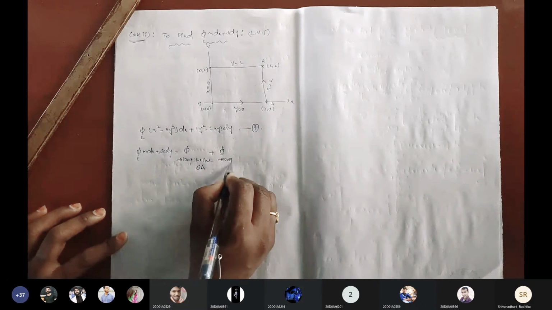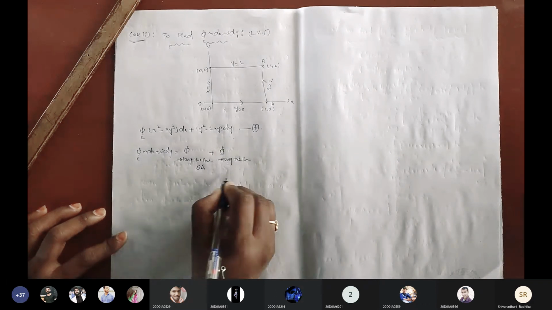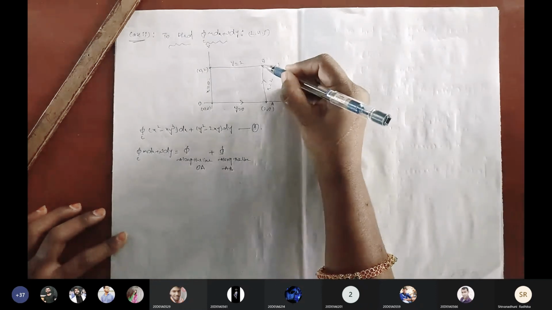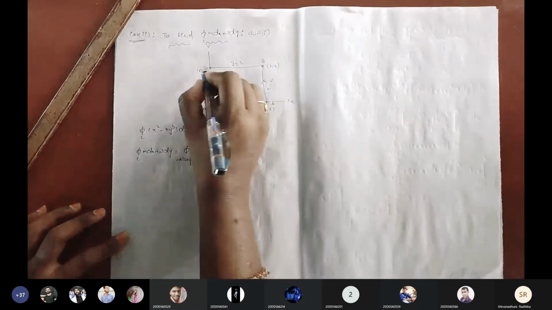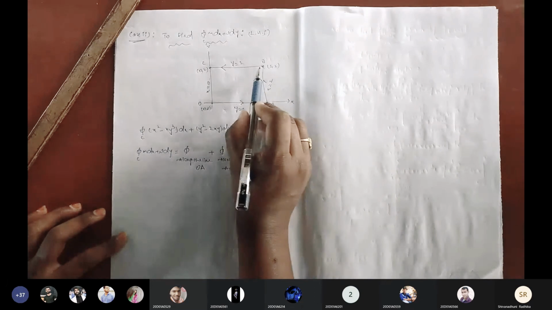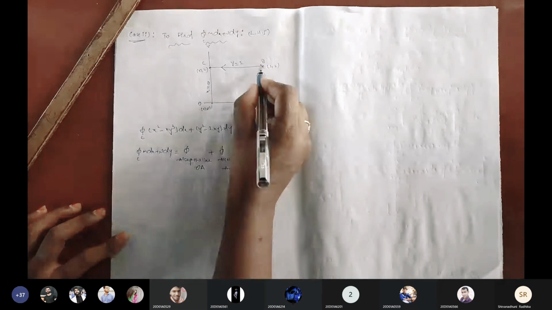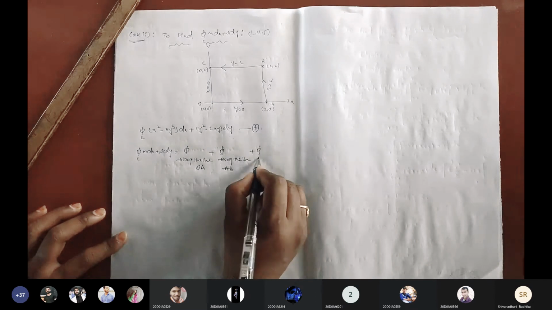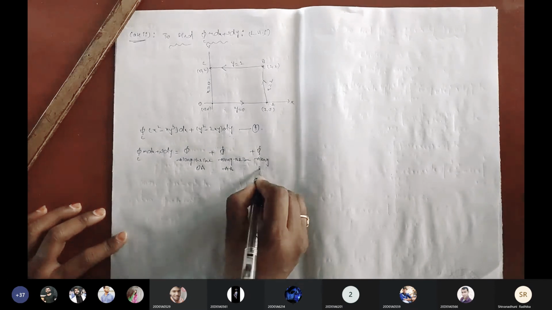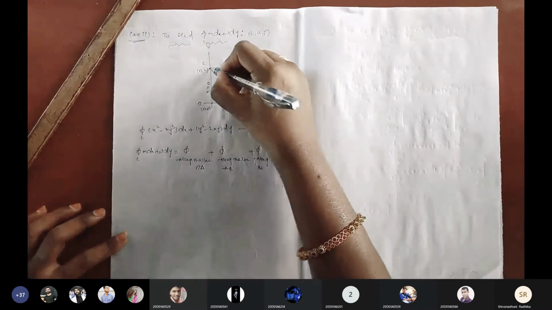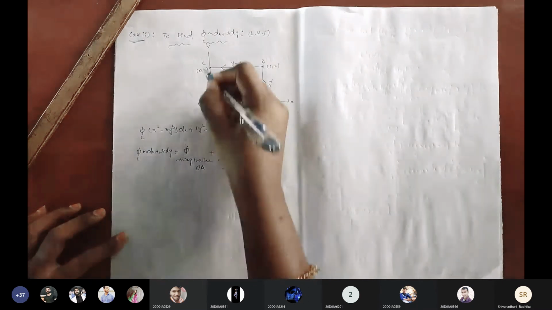Again, the same particle moving from B to C. Here, this is the direction. So that line is BC. Along BC, plus the same particle moving from C to O, not O to C.